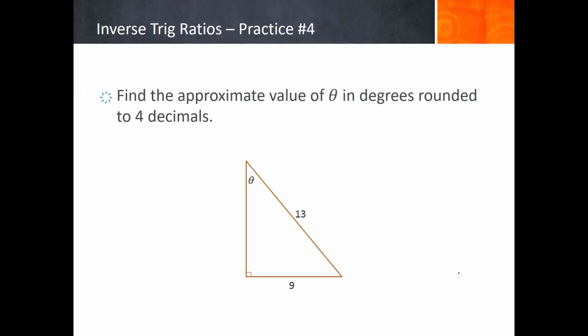Now this time we want to look at approximate values of theta. So we're given our acute angle again. We have an opposite side of 9 and a hypotenuse of 13. So opposite and hypotenuse is sine. Theta is going to be the arc sine, or the inverse sine, of 9/13.